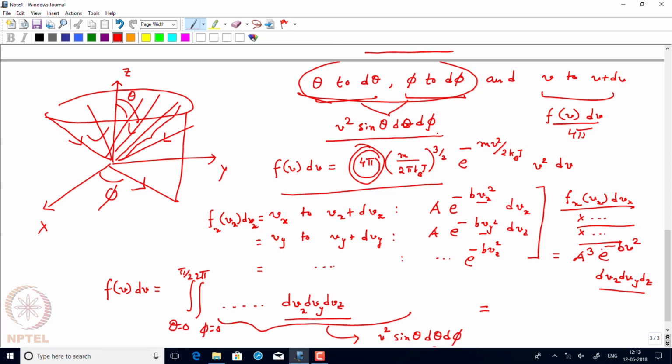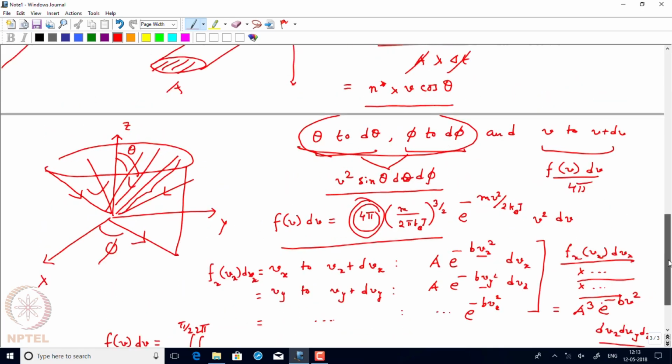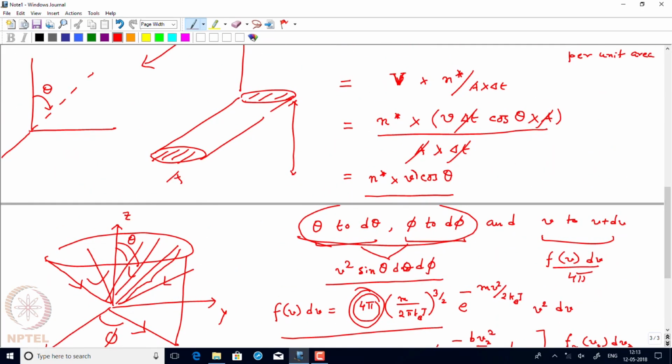So together now we are going to add these two things, and we are going to see what we get with this. But please don't forget that we already have a v sitting here.